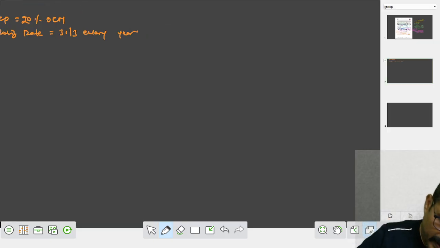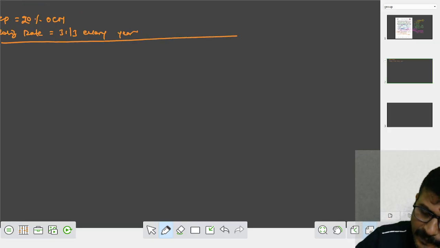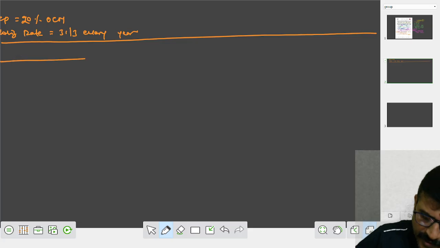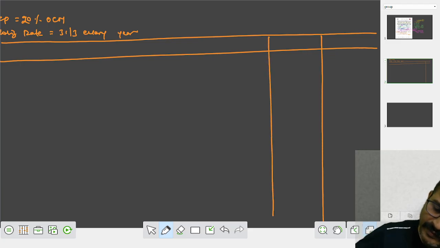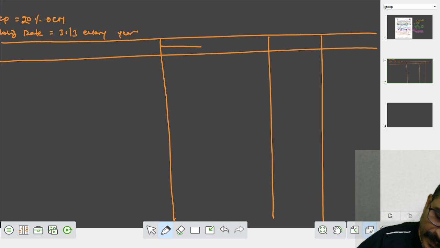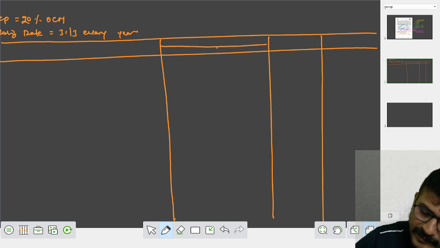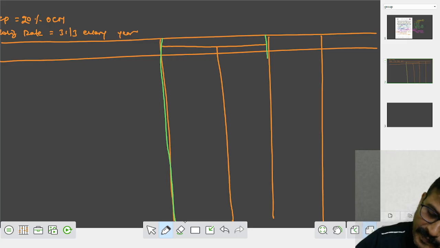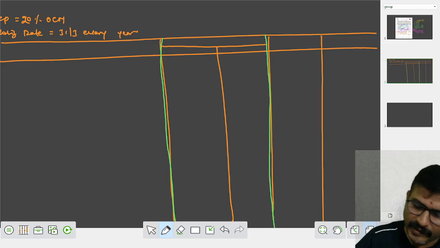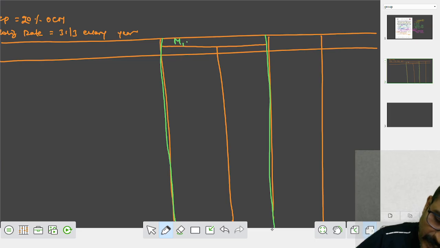Now let us prepare the format. How many machines do we have? We have 3 machines. In that, the first machine is being divided into two sections. Okay, now I write M1.